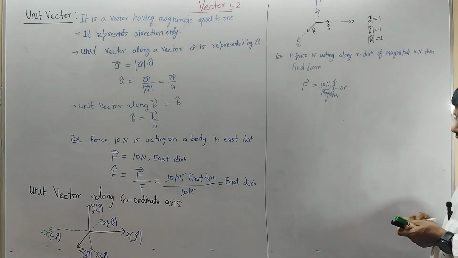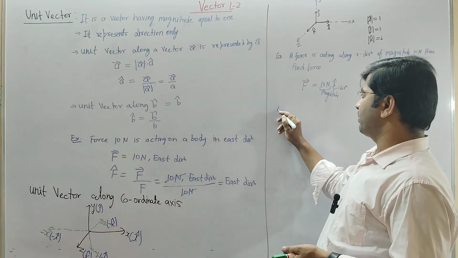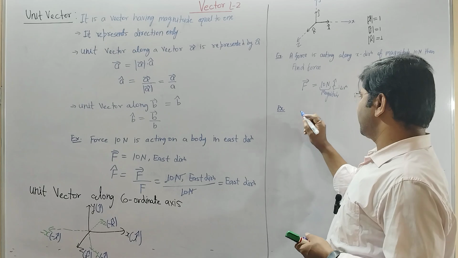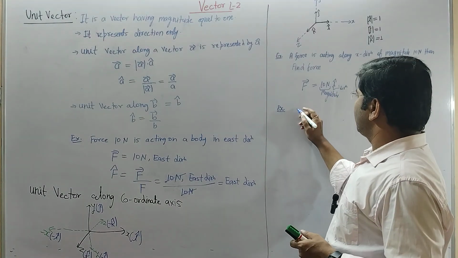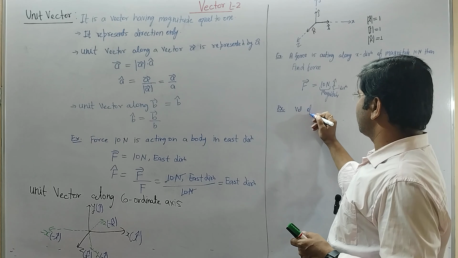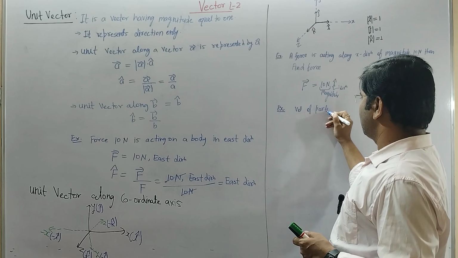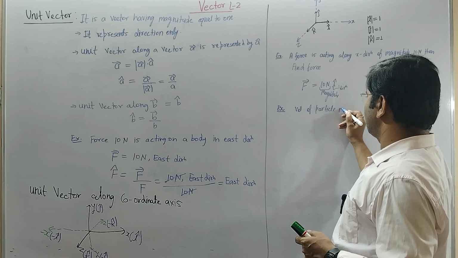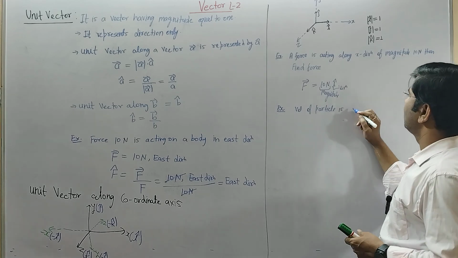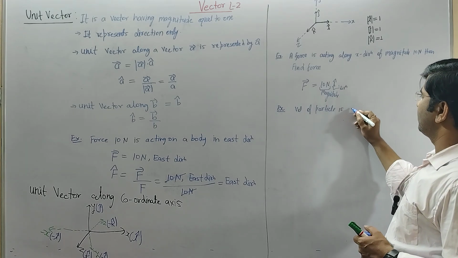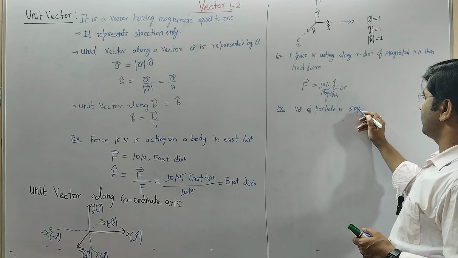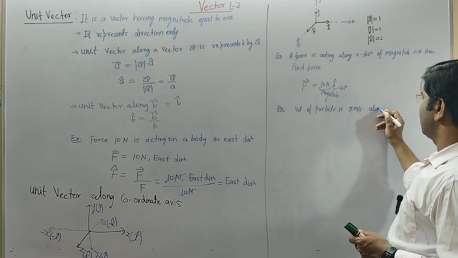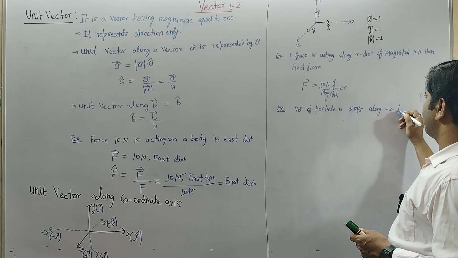Okay. So similarly, if I'm saying another example, let's take velocity of a particle is 5 meter per second along negative z direction.